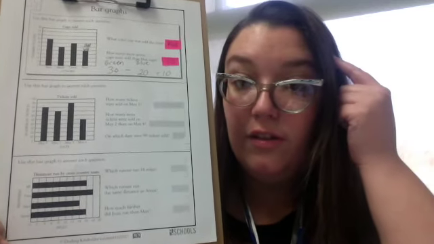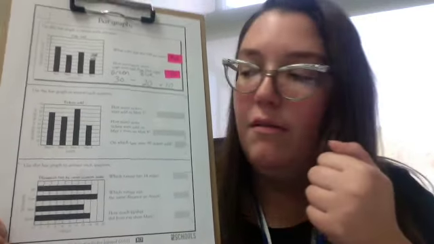So don't worry, it's not a test, but it's just my way of seeing where we are at and practicing answering questions about a bar graph, because this is very important. We will be seeing this a lot this year, and it's very important to use our skills and our imaginary magnifying glass to find information from data.